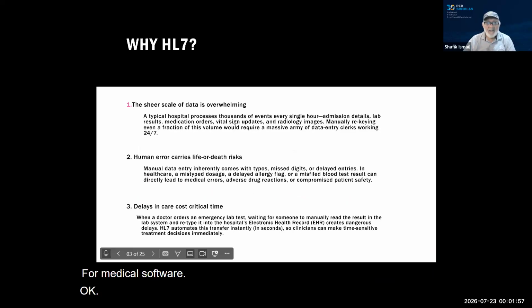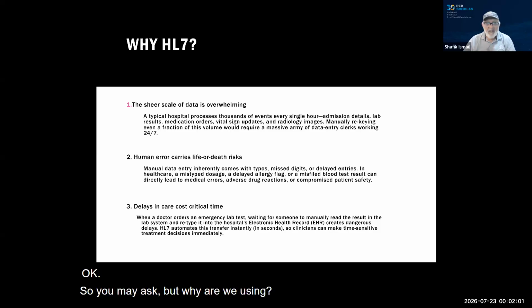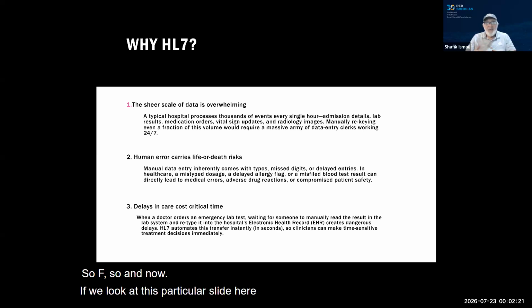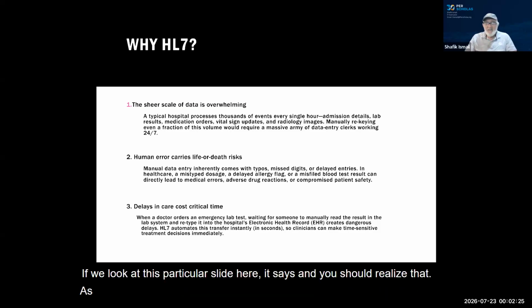So you may ask, why are we using HL7? Now if we look at this particular slide here, you should realize that as far as the medical ecosystem is concerned, it's massive.